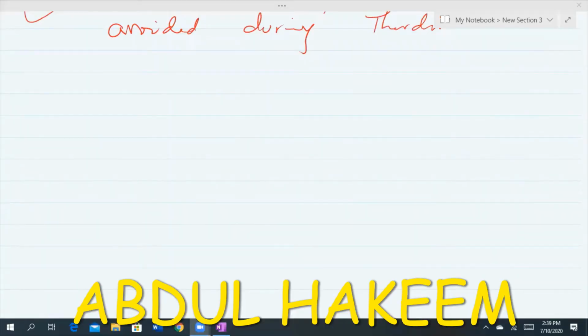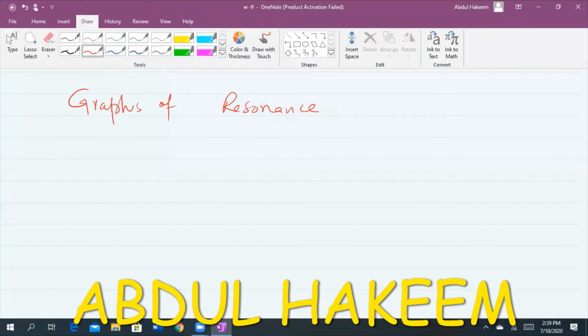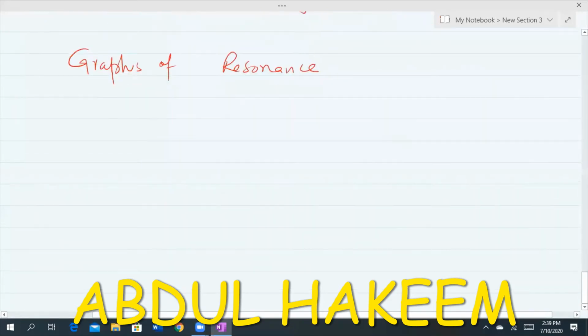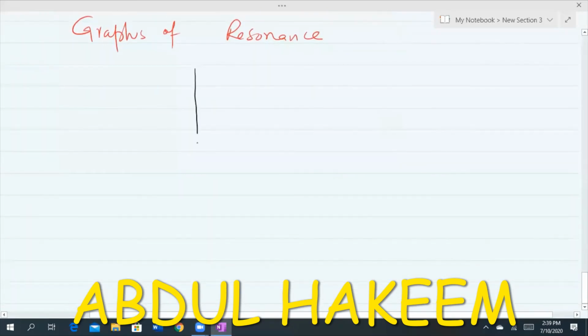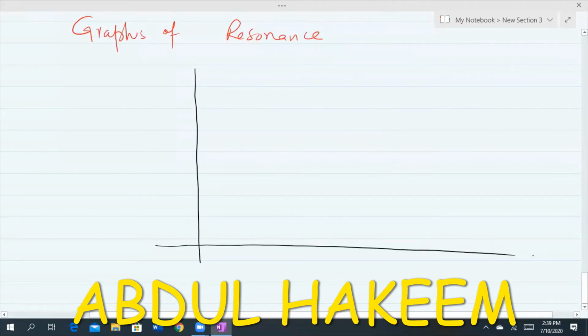So the next is graphs of resonance. Now suppose at the y-axis, amplitude, at the x-axis is the frequency in hertz.